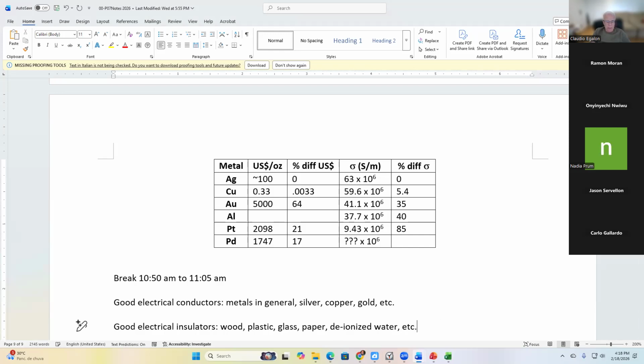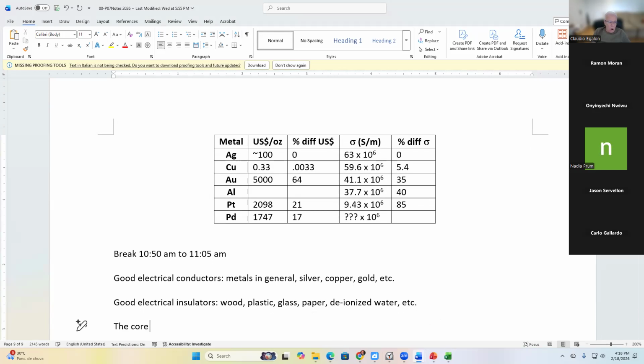Okay? Now, the core of an electrical wire is made of a metal, for instance, copper wire.